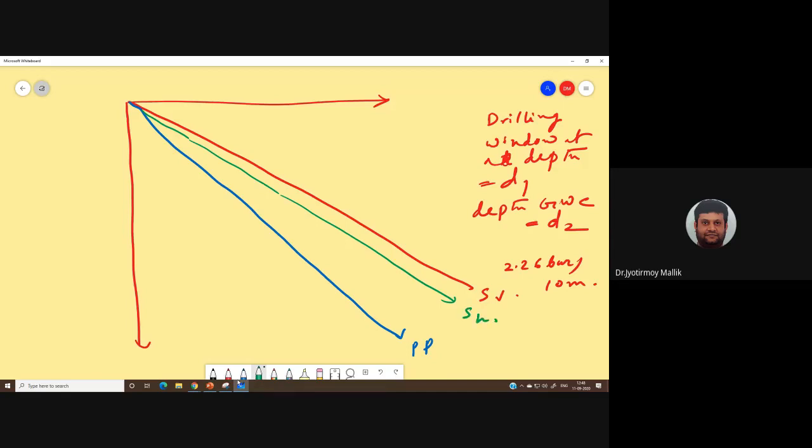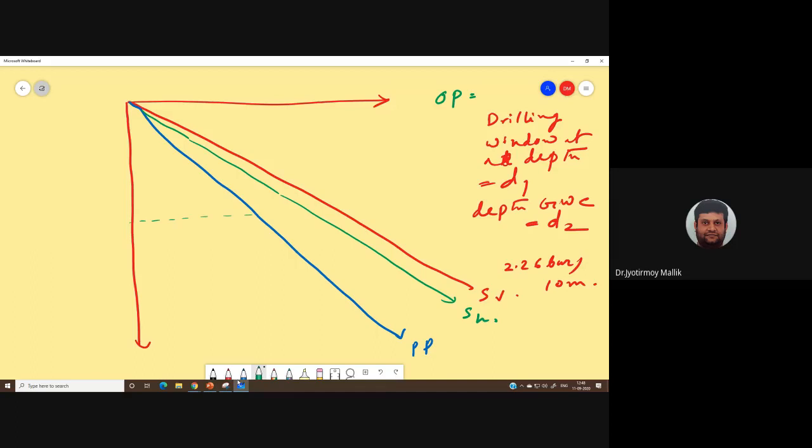So the depth GWC is, and say I have been given an overpressure which is OP, whatever the value it is. So suppose the overpressure starts at this depth. This is where my overpressure starts.